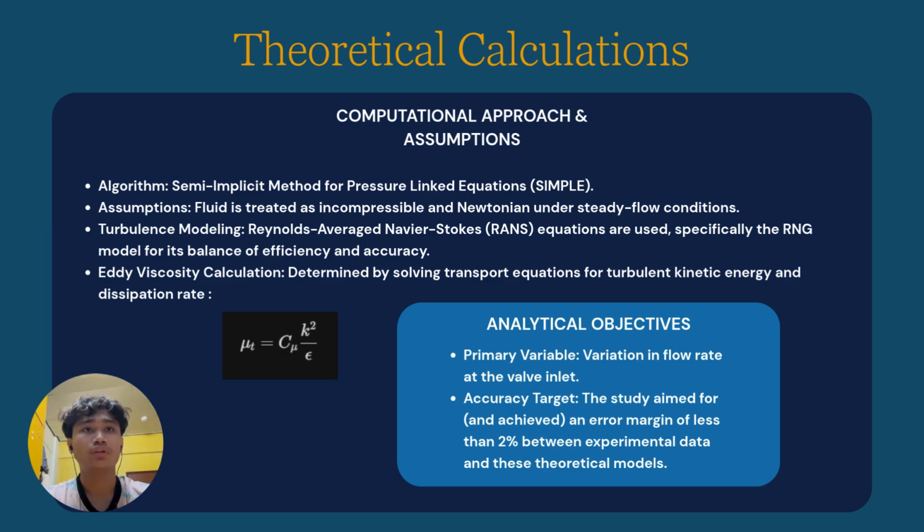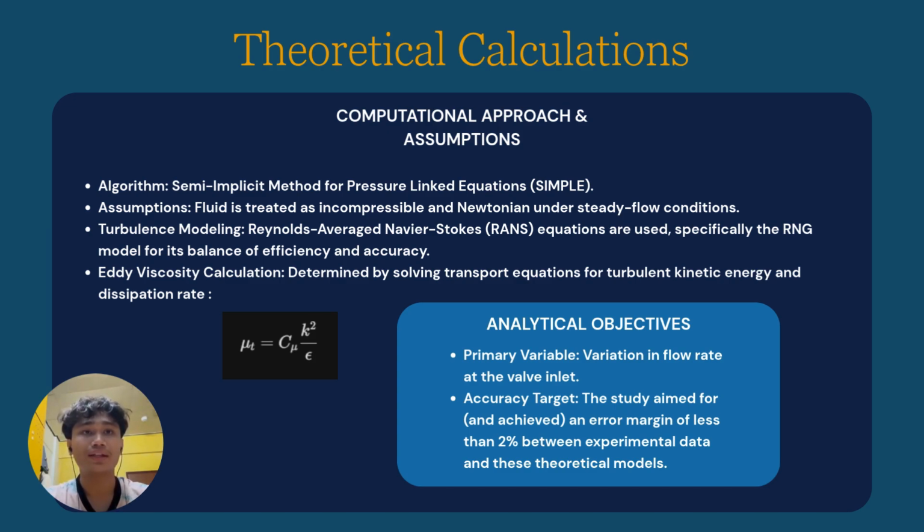Because real-world flow isn't always smooth, we use simple algorithms to balance the pressure and velocity steps. More importantly, we apply the RNG k-epsilon model. This is the industry standard for predicting the complex swirls or vortices created inside the valve, ensuring our simulation stays efficient but highly accurate.